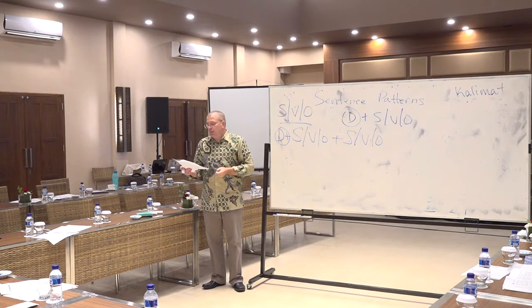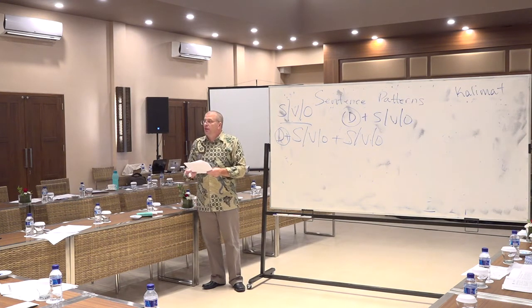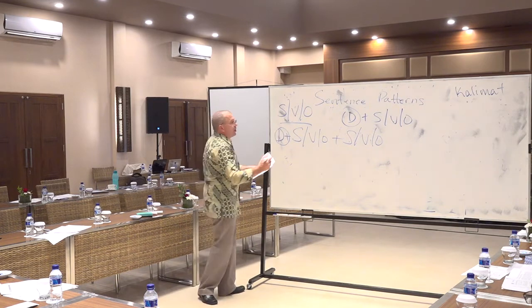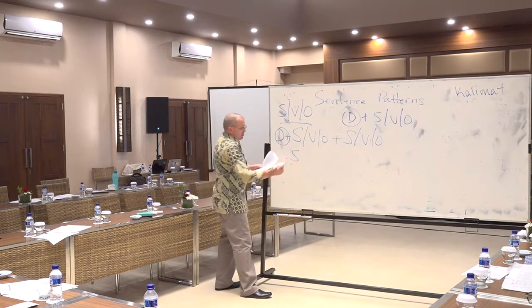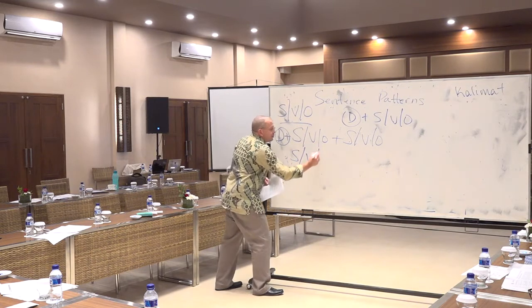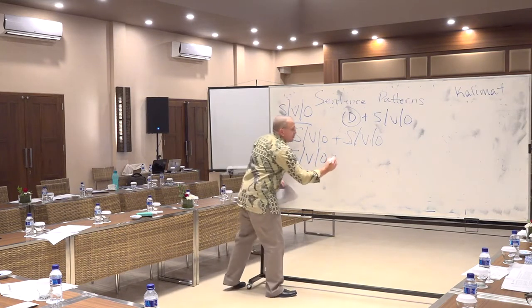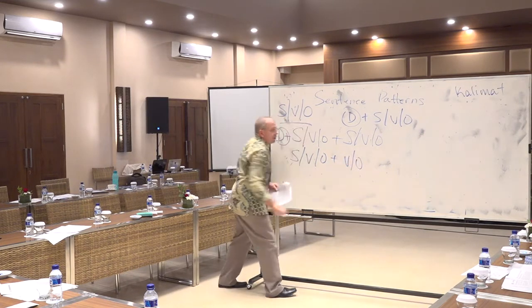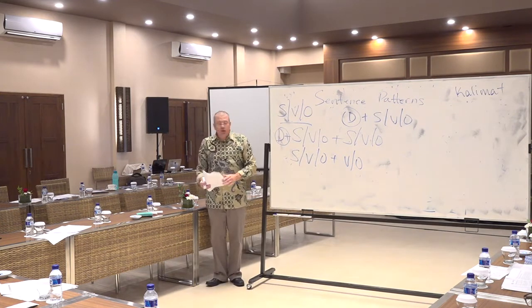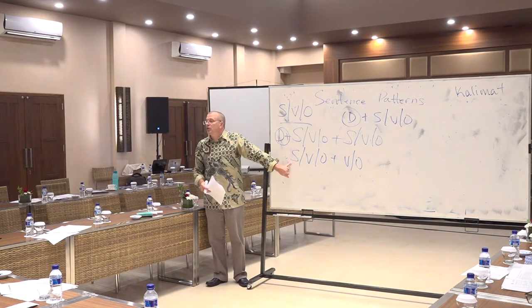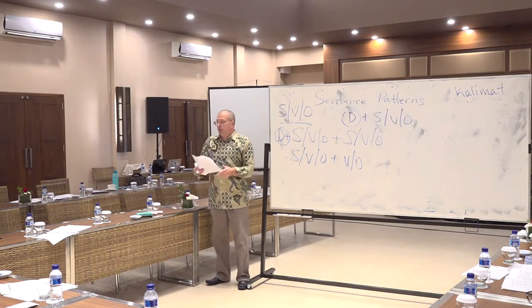And maybe change them. In number 5, we have an interesting variation. We have a subject with a verb and an object, but then we only have a verb and an object. So we have the same subject for two different verbs.